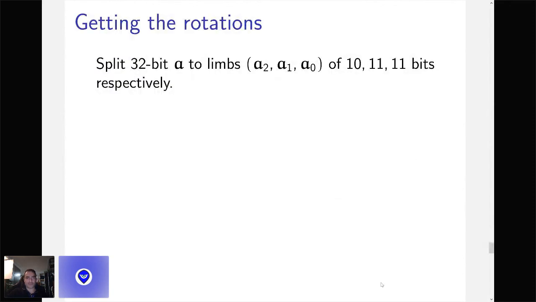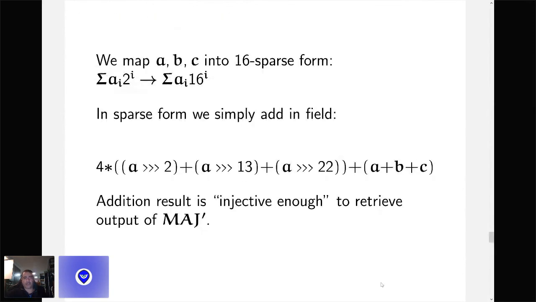So one thing left to do. I said, suppose someone was really nice and gave us all these values for the rotations. So how do we get the rotations?